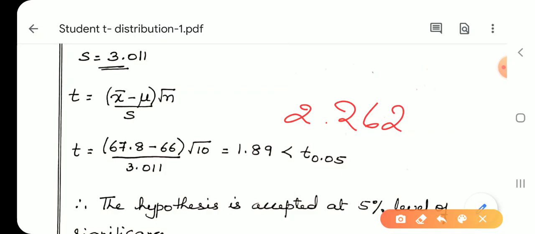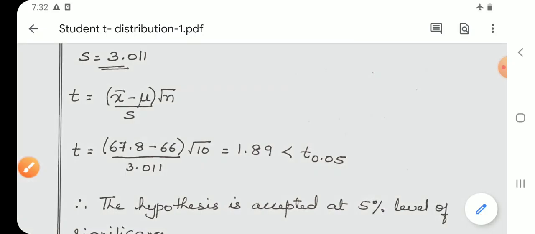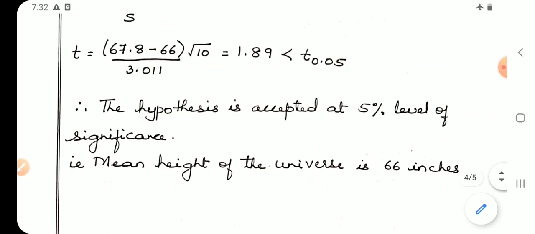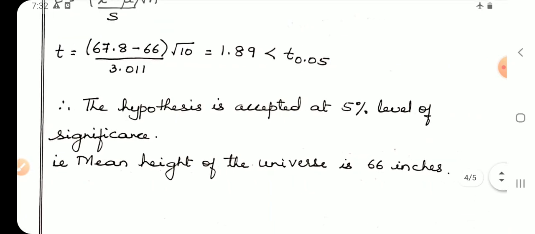Therefore, the hypothesis is accepted at 5% level of significance. Accepted means what we have assumed is true. The mean height of the individuals in the universe is 66 inches.